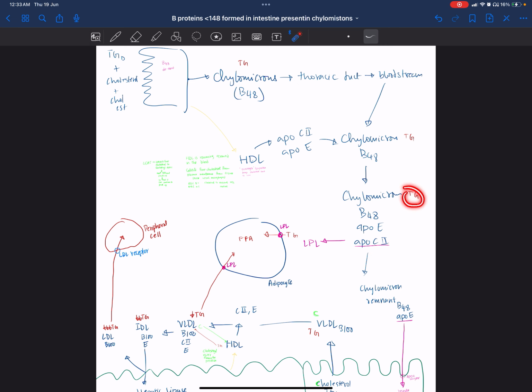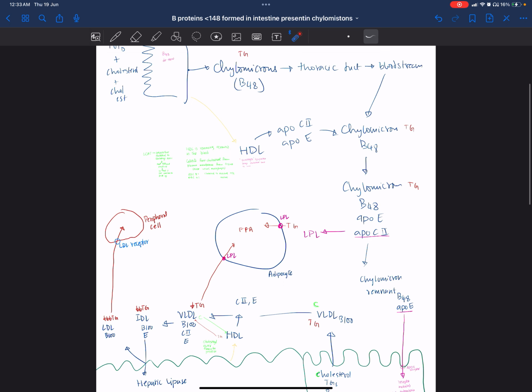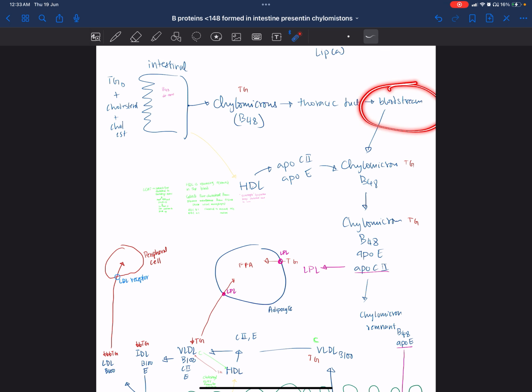And obviously the triglycerides. Now, the chylomicrons are flowing in the blood, and they took lipoproteins from HDL. What will they also encounter while they're flowing in the bloodstream? Adipocytes.